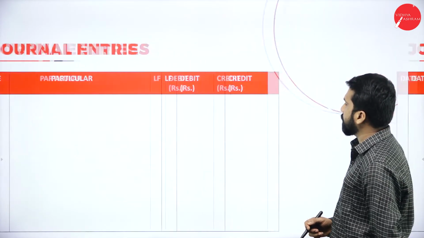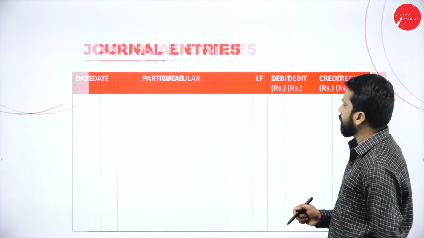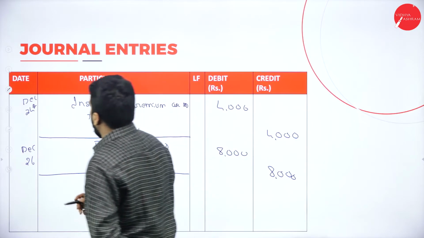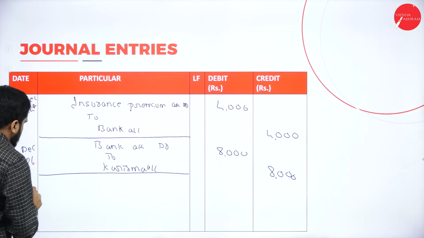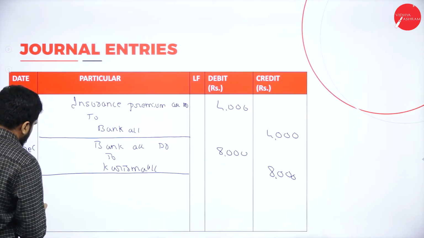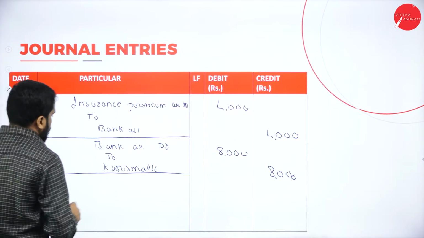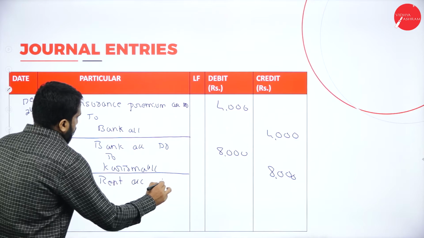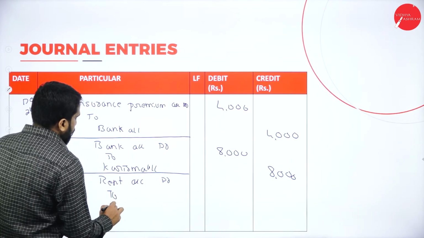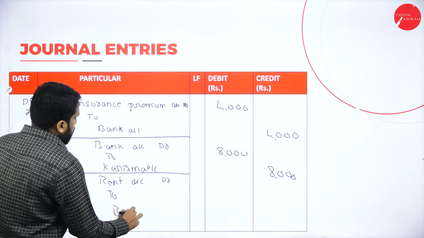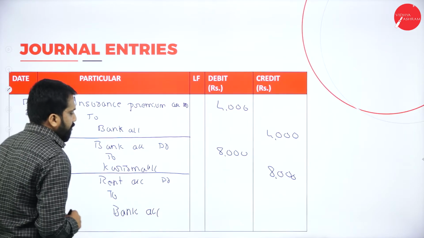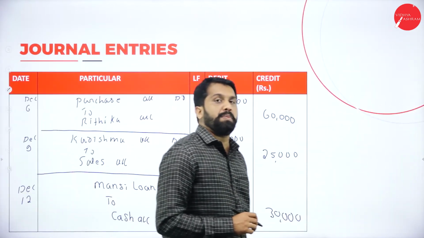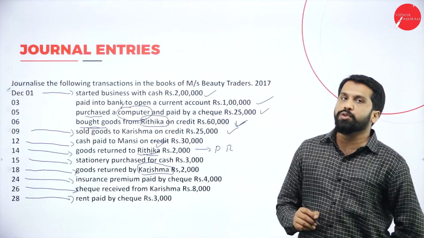Now, this will be your December 28. Rent account debit, and paid by check means it must be what? Bank account. So, how much rent did you pay?